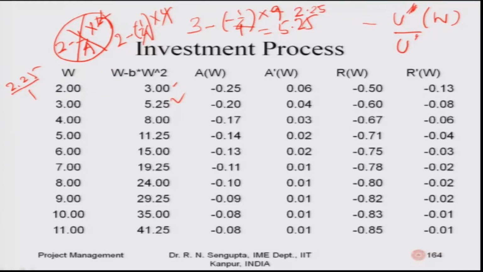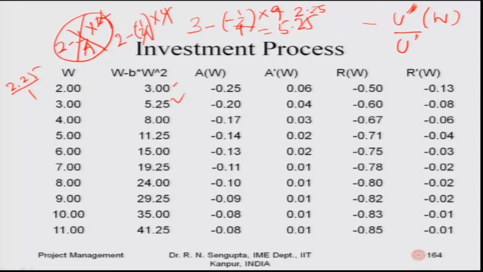Now, if I want to find out the value of, say for example, r, as you know, is basically a multiplied by w. So, a multiplied by w will be 2 multiplied by minus 0.25, which is minus 0.5. Let us take another value. Yes.